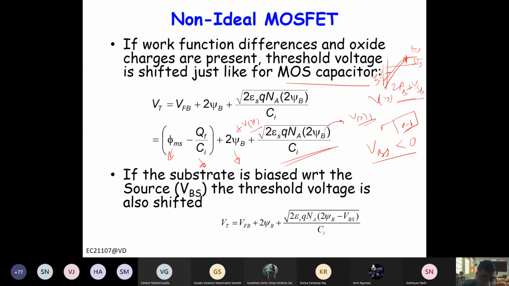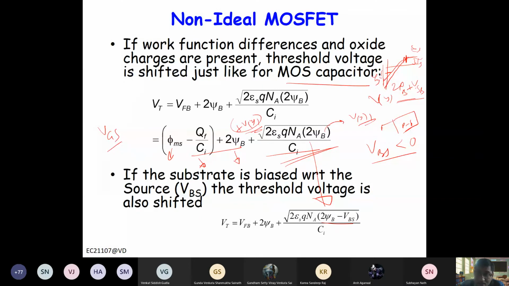But when you write the equation for the current, we write VGS, and this is Vg with respect to body. So this Vy or VSB here gets subtracted. So you only have these two expressions, and this gets modified by the source body bias.